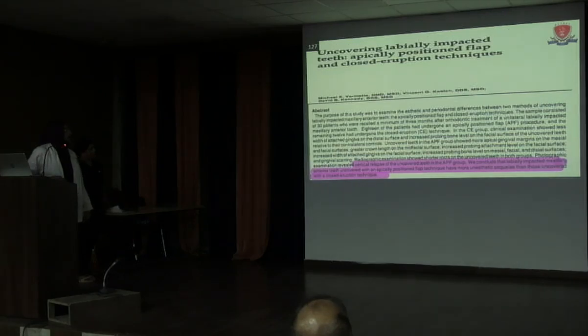Now, uncovering the labially impacted teeth: apically positioned flap versus closed eruption technique. As I said before, regarding vertical relapse of the uncovered teeth in the apically positioned group, they concluded that labially impacted maxillary anterior teeth uncovered with the apically positioned flap technique have more esthetic sequelae than those uncovered by the closed eruption technique.